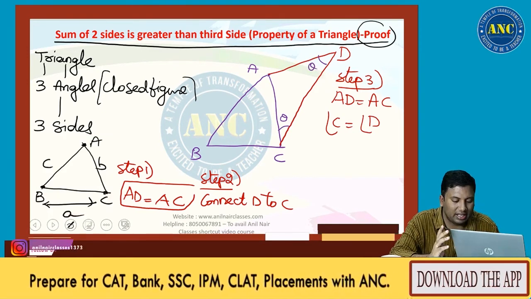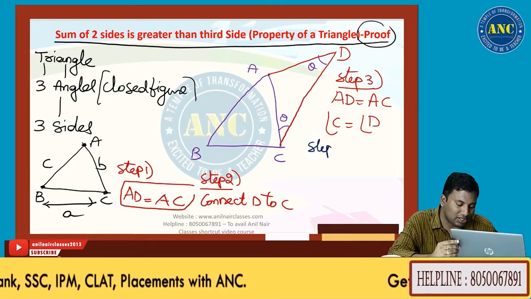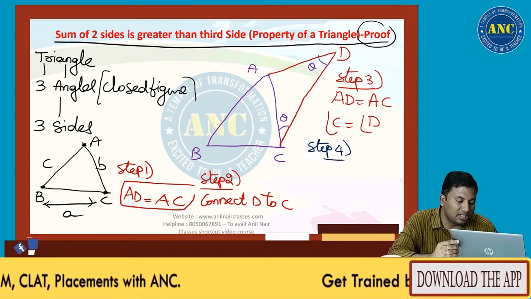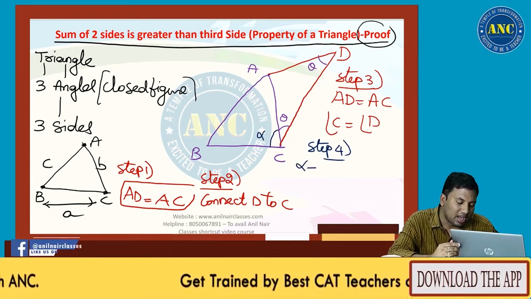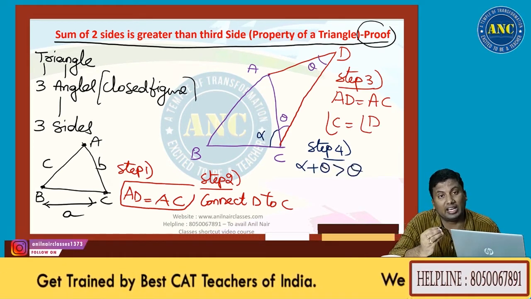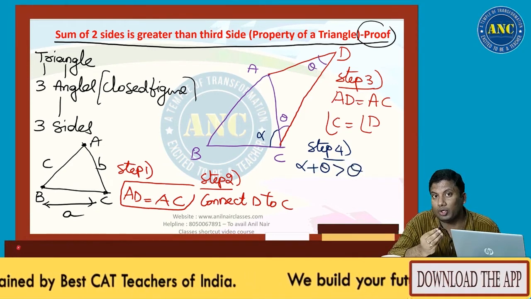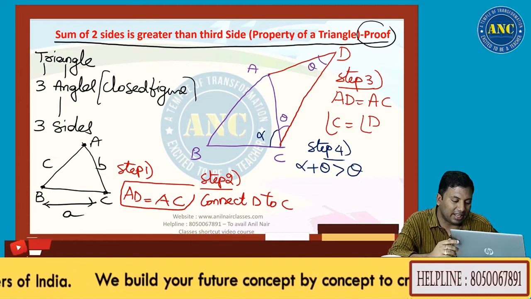I hope it is clear. Now, step number 4. This is angle C. If I call it alpha, can I say alpha plus theta is greater than theta? Of course, if theta is some value and you add alpha to it, alpha plus theta is definitely greater than theta.